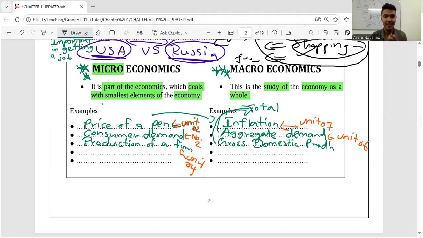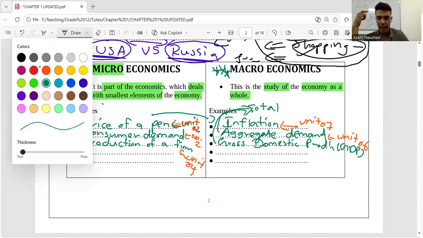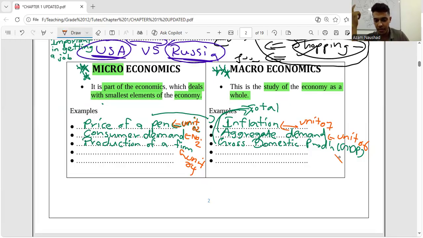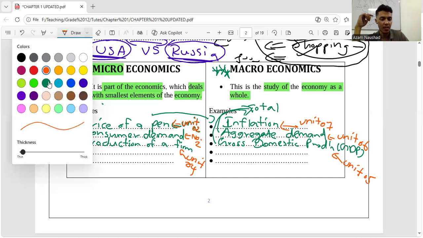Gross, aggregate, for the time being, just have the idea that these two words reflect the concept of total. Total domestic. Domestic means within Sri Lanka. Production. Within brackets, you can write GDP. So unit number 5.